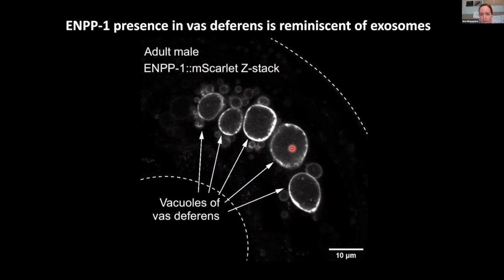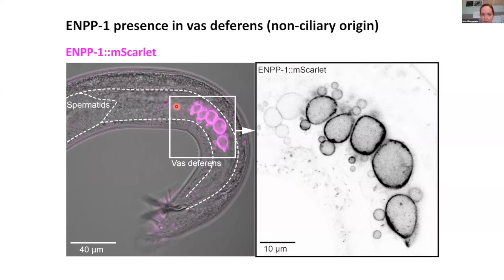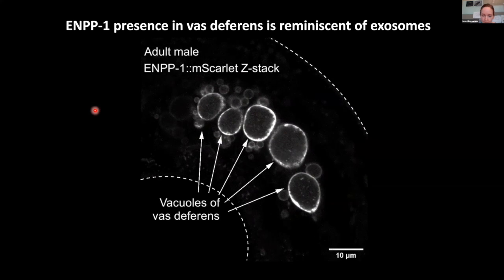And so the question was, once they express in vas deferens, are they actually transferred to the female partner during mating? Will they be like carriers of information or some kind of support to spermatids during copulation?